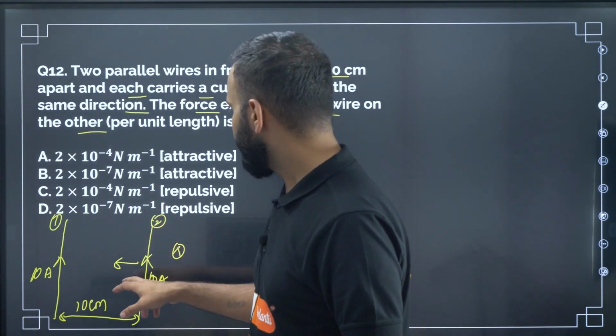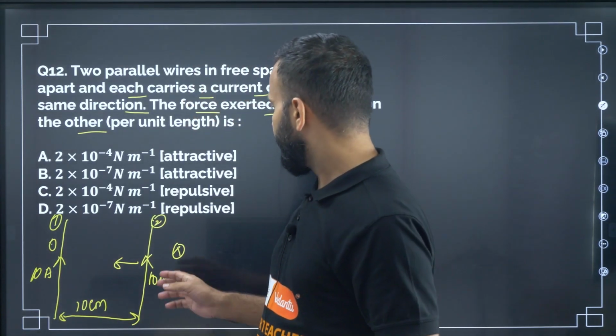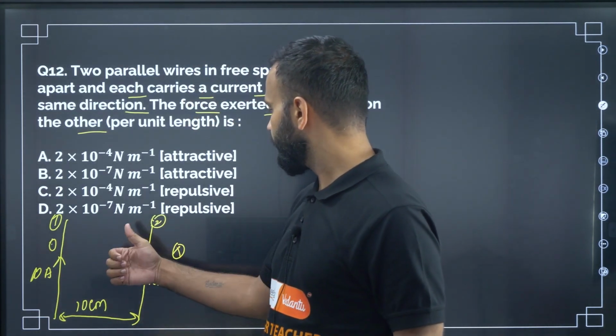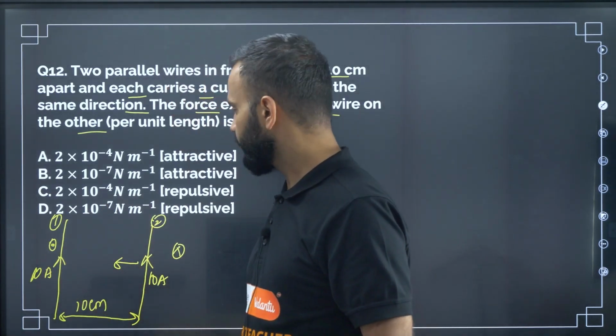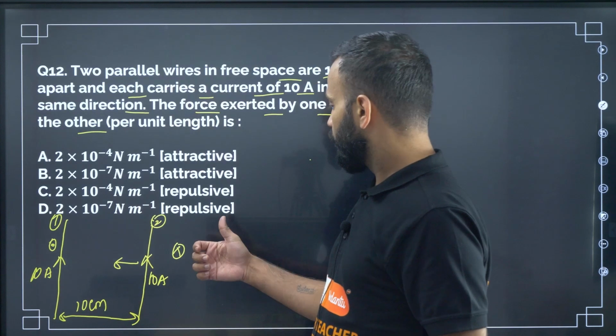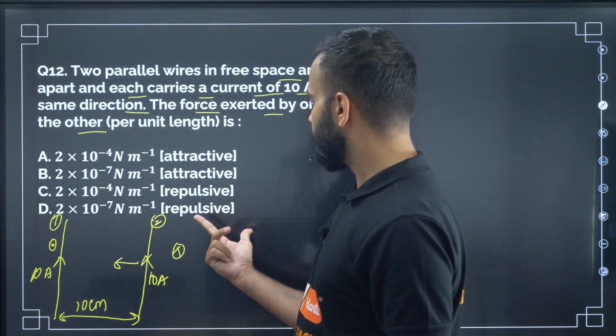And let us find the magnetic field at this point, okay. So what is the direction of the magnetic field at this point? The direction of the magnetic field is outward from the plane, right? And what is the direction of the current?